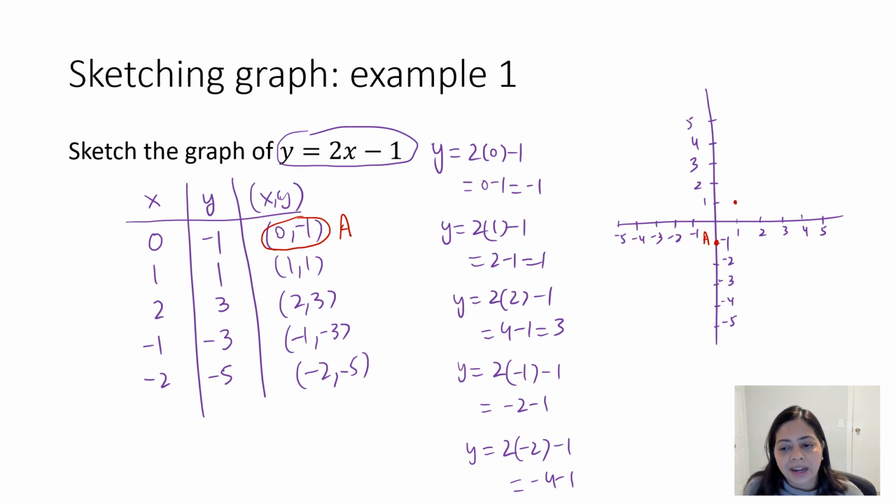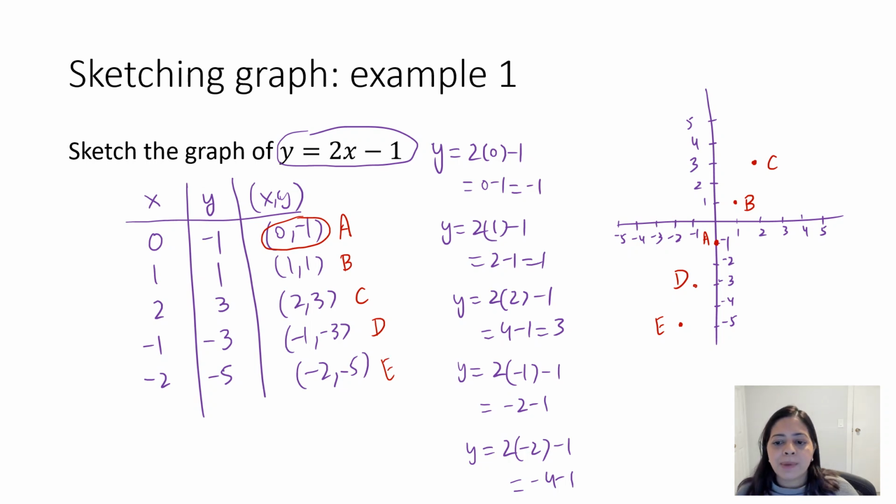This is where you are at, point B. 2, 3. So this is where you are at, C. -1, -3. This is the point D. -2, -5. So this is where you are at, point E.